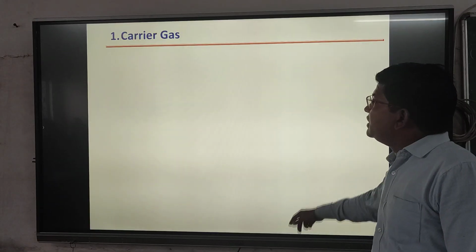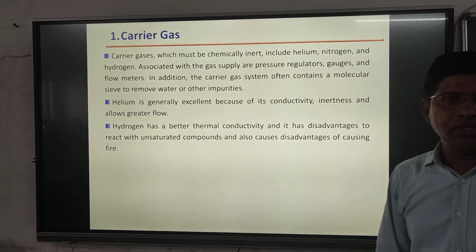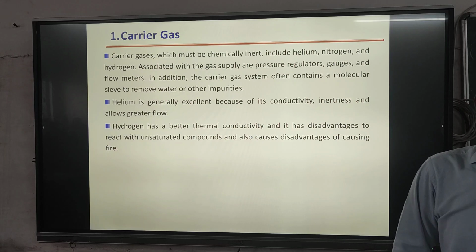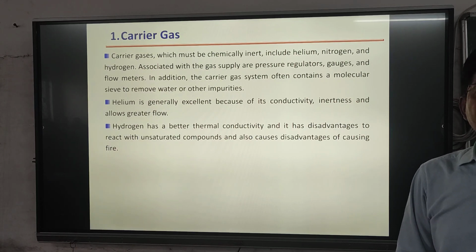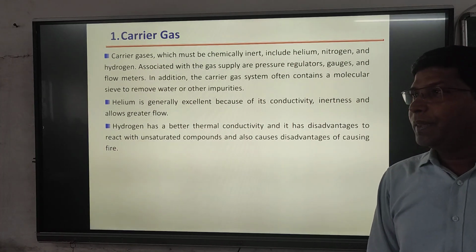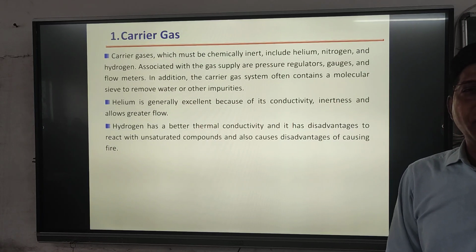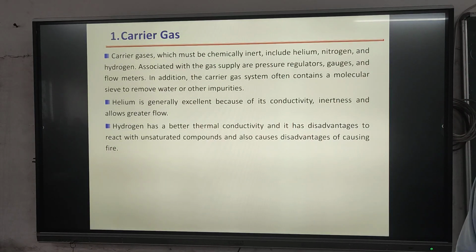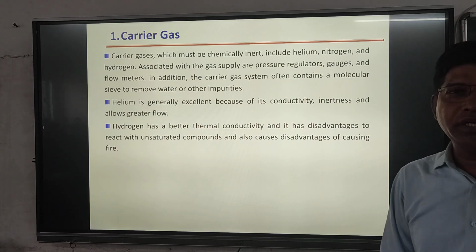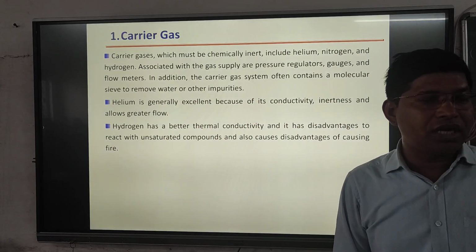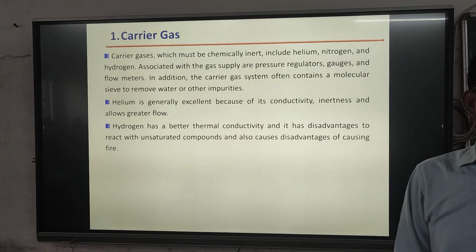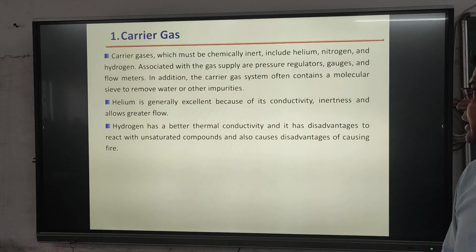First one is the carrier gas. This is an important component, because the stationary phase and mobile phase are important components, and here the carrier gas should be considered. Generally helium, nitrogen and hydrogen can be used, but most of the time helium is used as the carrier gas.